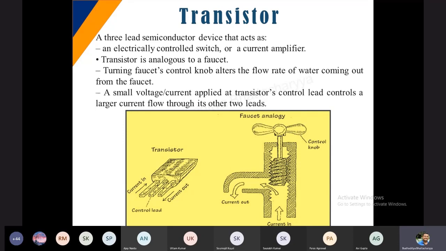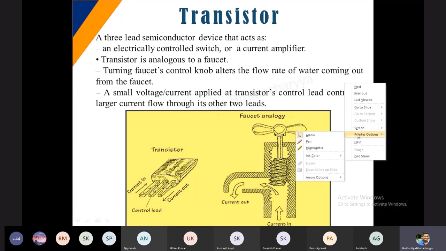That's the same thing that happens with a transistor. In this particular diagram, suppose we have a current in, you can see at the bottom of the screen, and then how much of the current we allow to come out, you can see this current out.